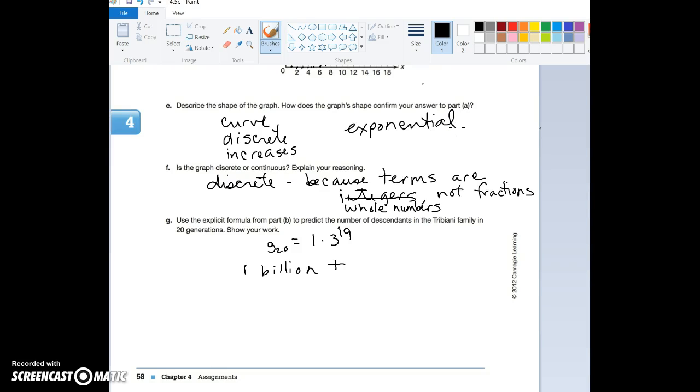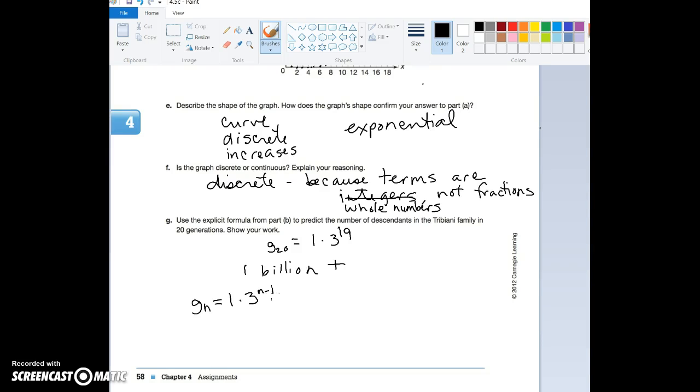Now, if we wanted to write this equation, this formula, we could write it as an exponential function, but it's going to take a little bit of work.